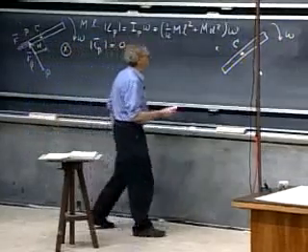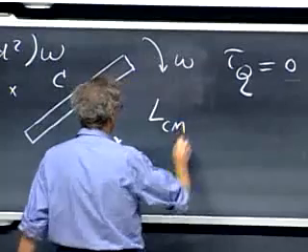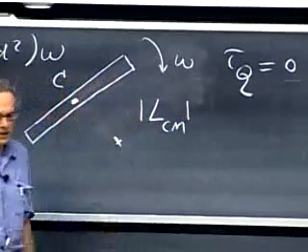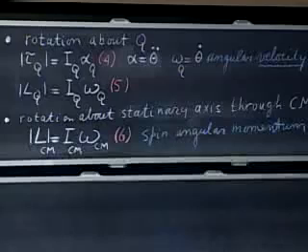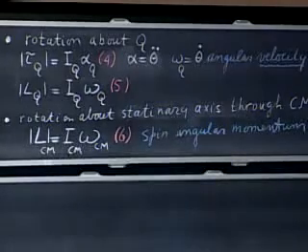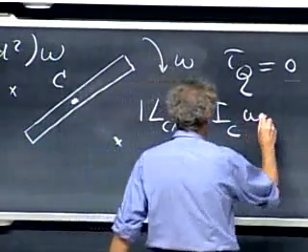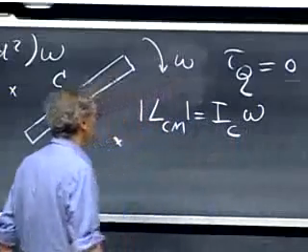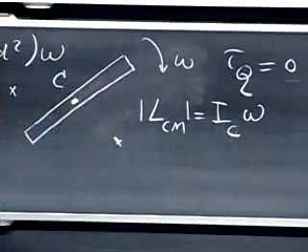And if you want to know how large it is, the magnitude of the angular momentum, I calculated about C, which is the center of mass, is simply equation number 6: the moment of inertia about that point C times omega about the center of mass. So C, M, center of mass, and C are the same point.